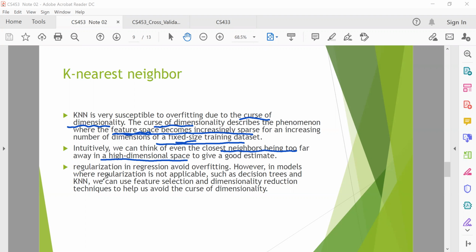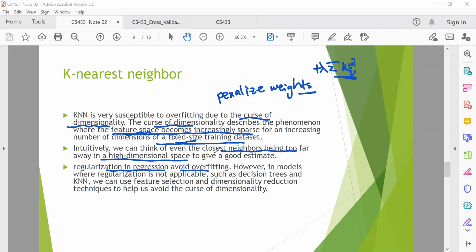Previously we learned that regularization in regression and gradient descent can avoid overfitting, because we add that extra term to penalize the weights.